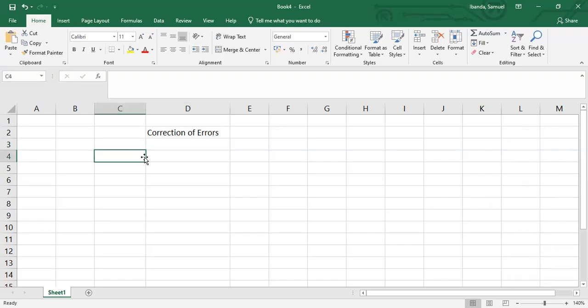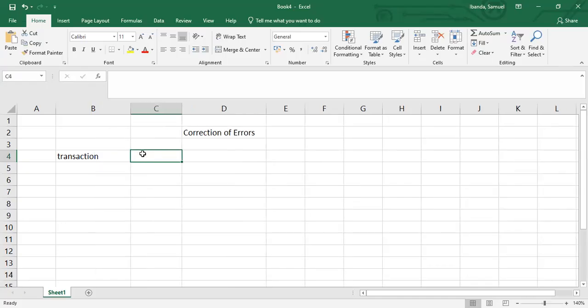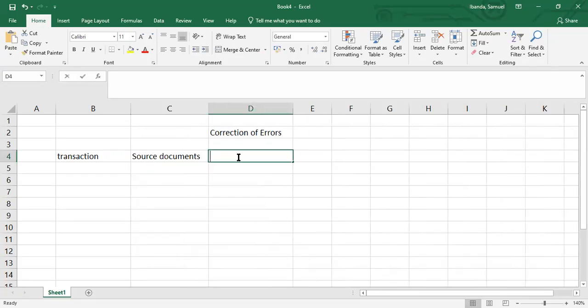So if you remember the accounting process, we start from the transaction, and from the transaction, this usually moves to the source documents. And then from the source documents, we move to our books of original entry.